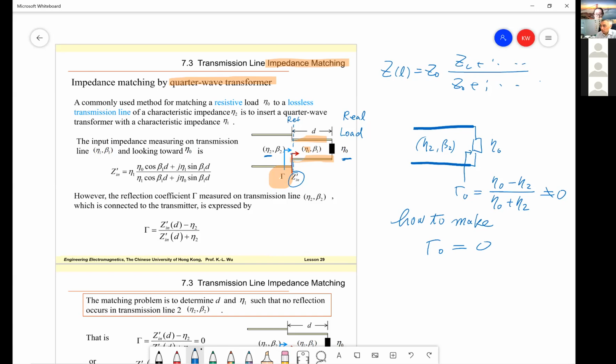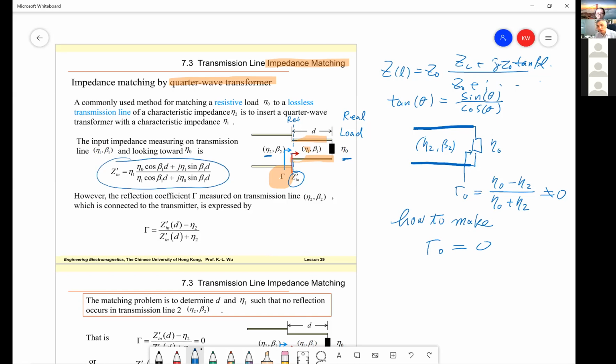Because here I use the tangent function, I can also write it in this way.